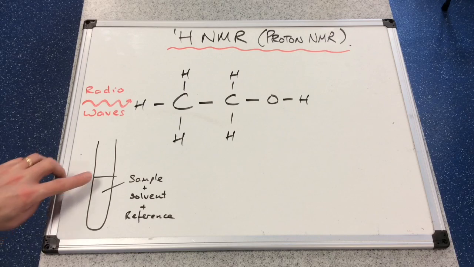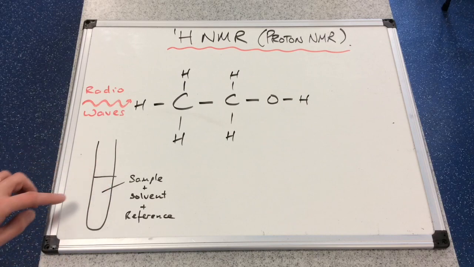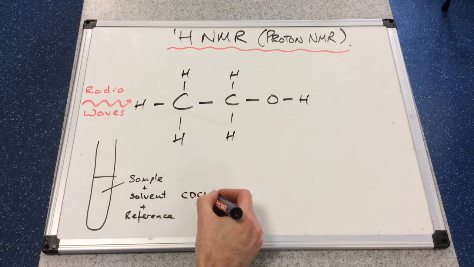So you would have your sample, in this case ethanol, in a tube with a solvent, and the solvent can be the same as it was in carbon-13 NMR, so that's CDCl3.